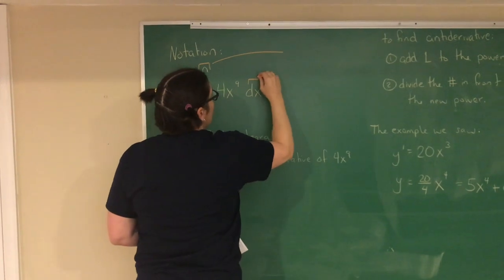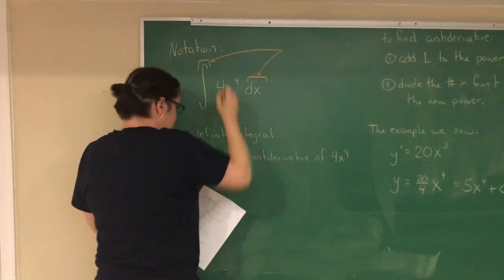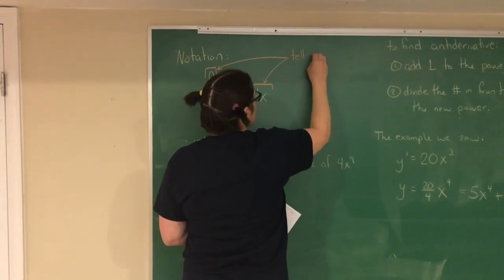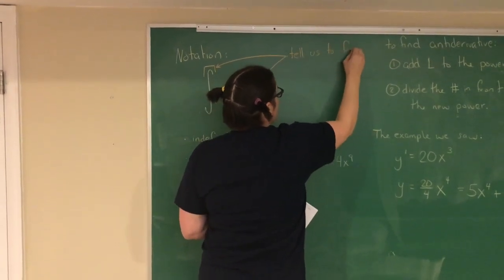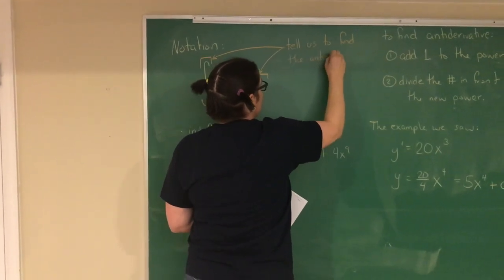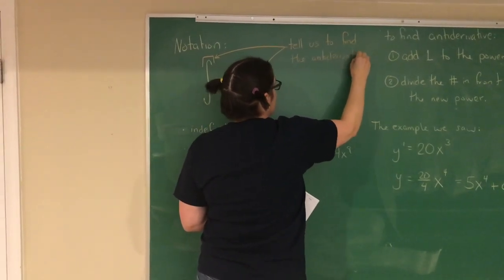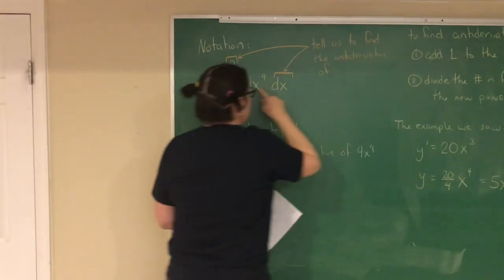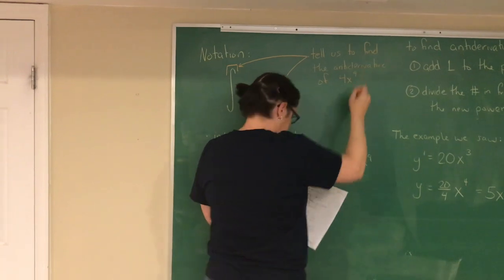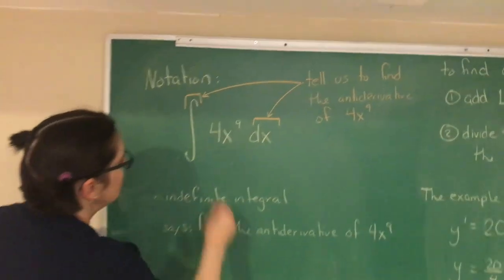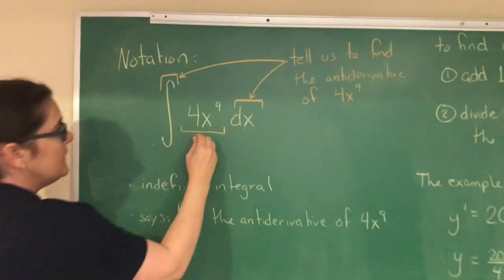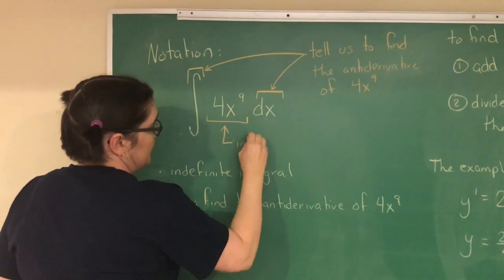So as a pair, these two pieces together tell us to find the antiderivative of whatever is in the middle, which in this case is 4x to the 9th. This function that's in the middle, the 4x to the 9th, this is called the integrand.